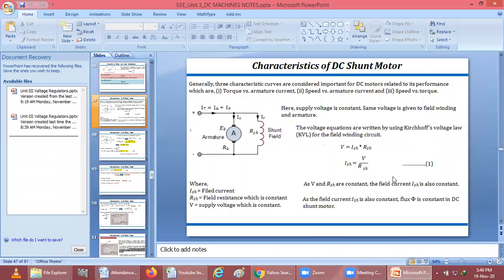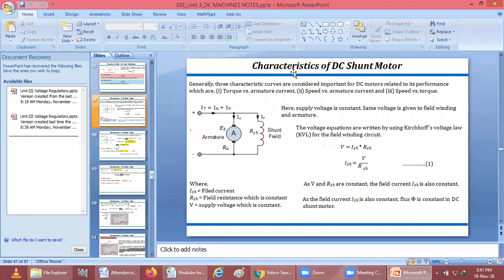Okay. So what we are saying here is, this armature winding is in parallel with the field winding. So if we calculate the values of voltage and current, we will get the values of torque and speed, and we can draw these three graphs.